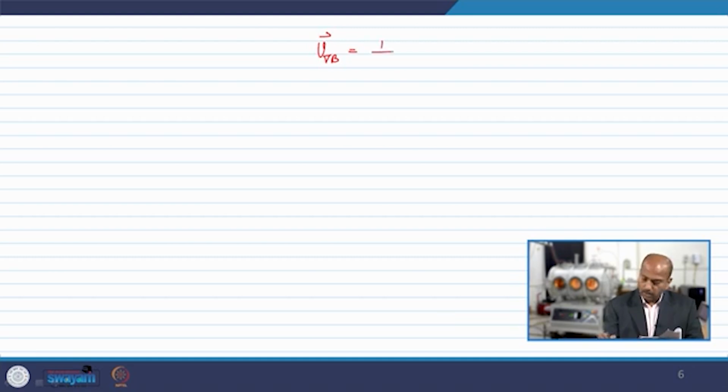Now, let us again write everything. The gradient drift velocity V del B is half V perpendicular RL into 3 by R. All of this is now simply kBT in electron volts divided by the magnetic field, into 3 by R.